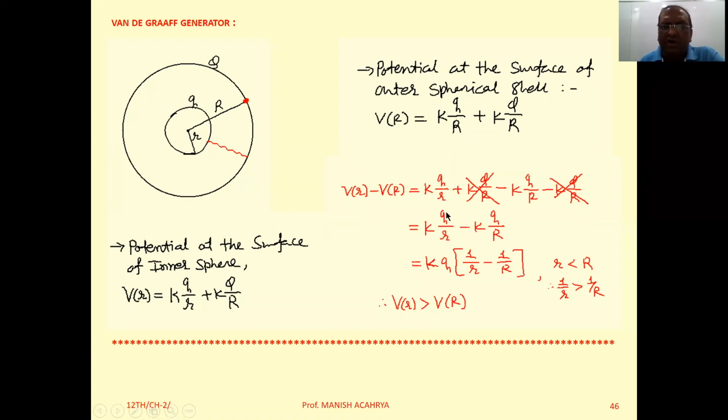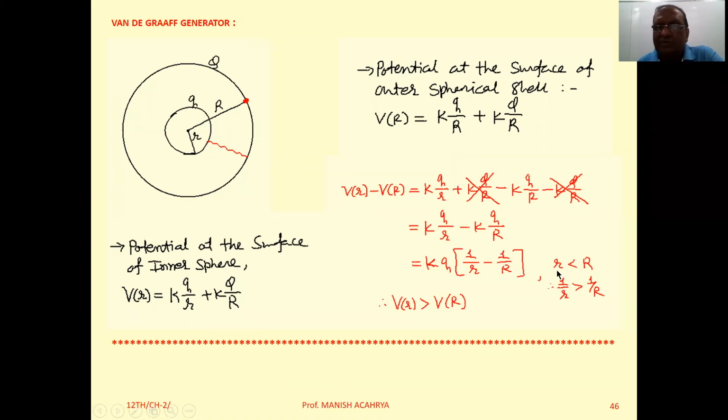So K small q upon small r minus K small q upon capital R. Taking Kq common, into the bracket 1 upon small r minus 1 upon capital R.